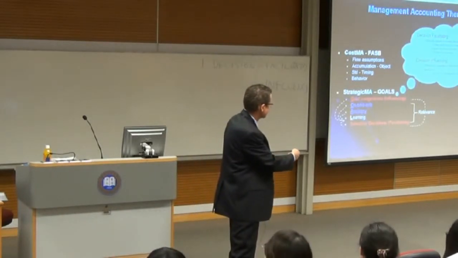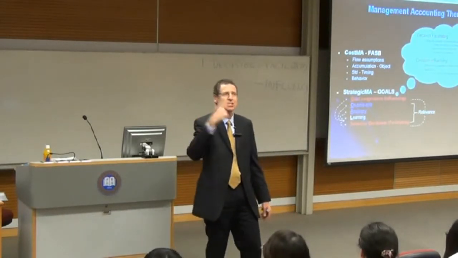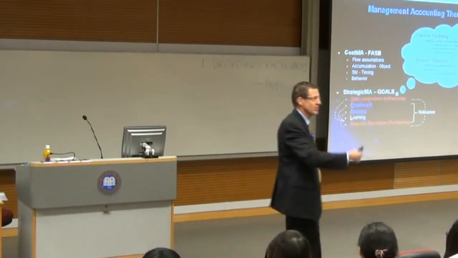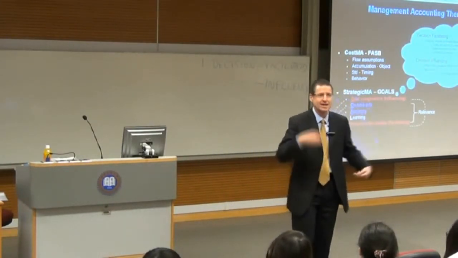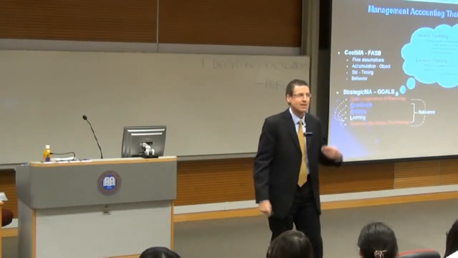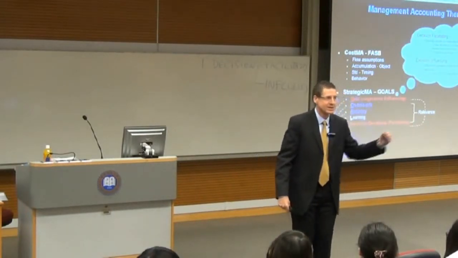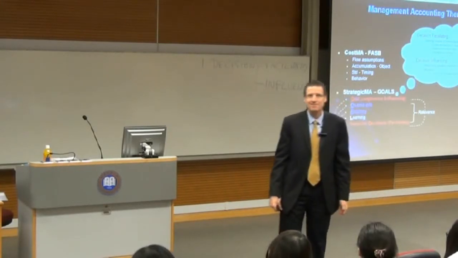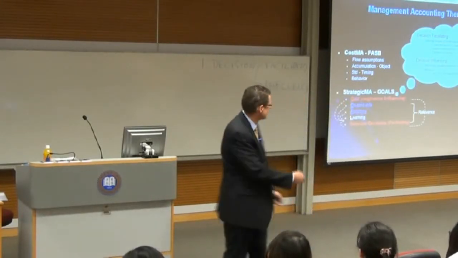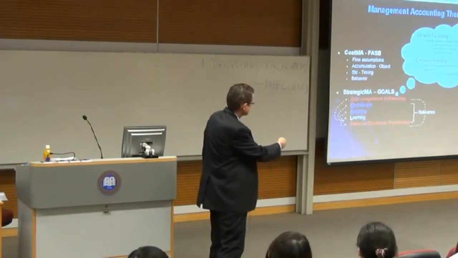So we get feedback. Okay? And then that may change the decision we make going forward. We may make more of one product and less of another product because the product we want to make more of is closer to our expected costs. You see that? Feedback changes decisions. So that's what we mean by decision facilitating.